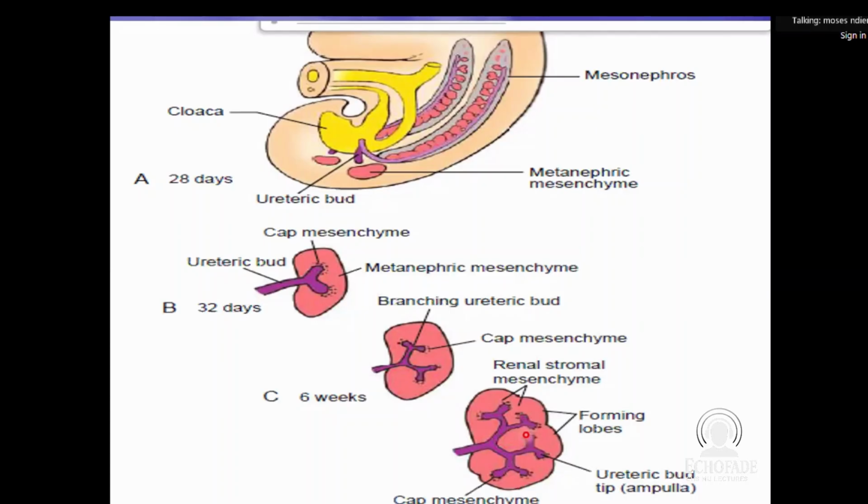And that's why we said the minor calyx, the major calyx, the renal pelvis, the collecting ducts, the ureter, all those are from the ureteric bud, which is from the lower part of the mesonephric duct. And this is what we're illustrating here in the sacral region.